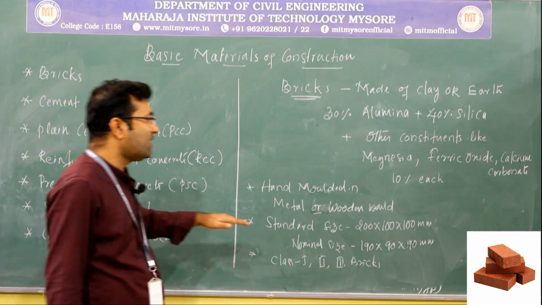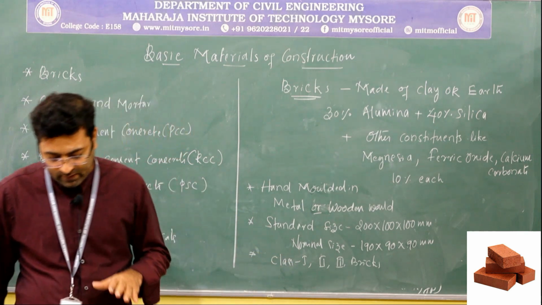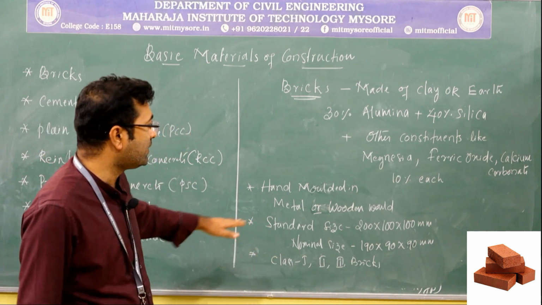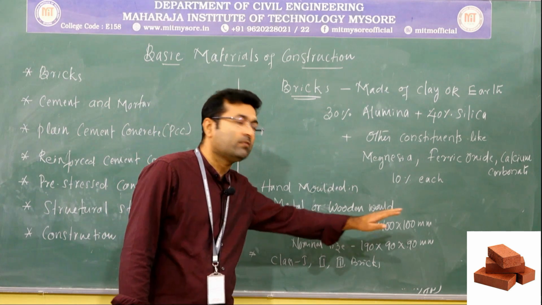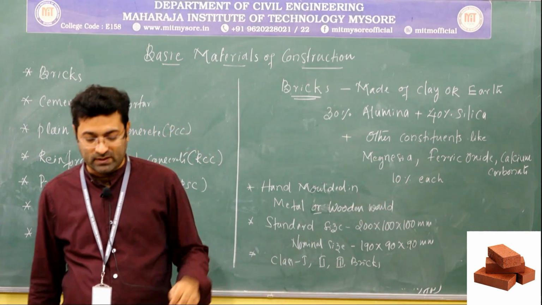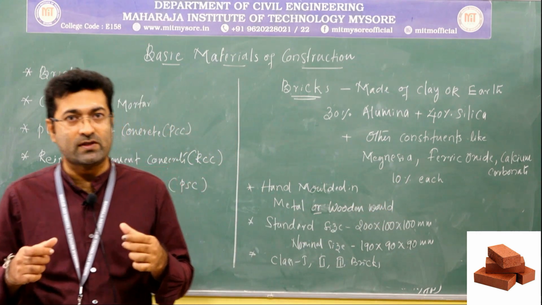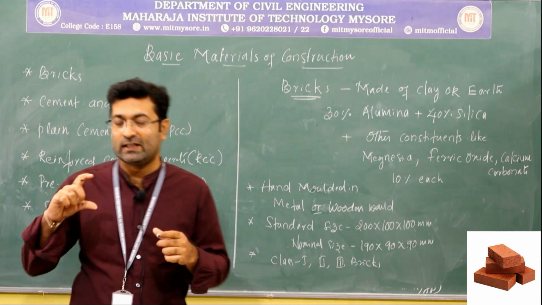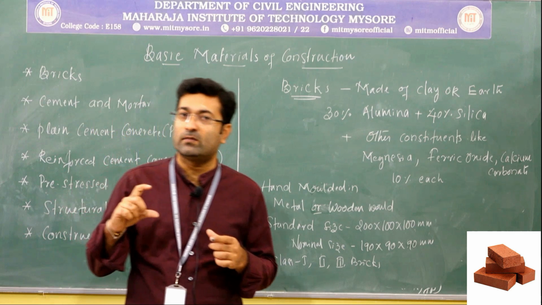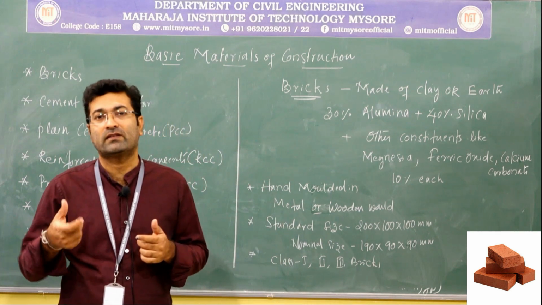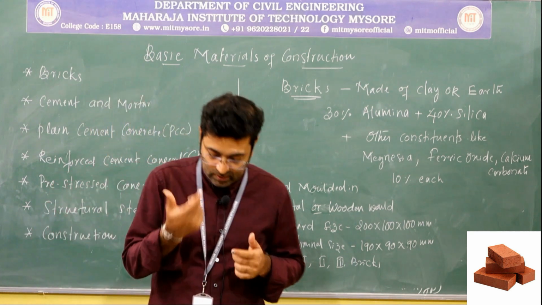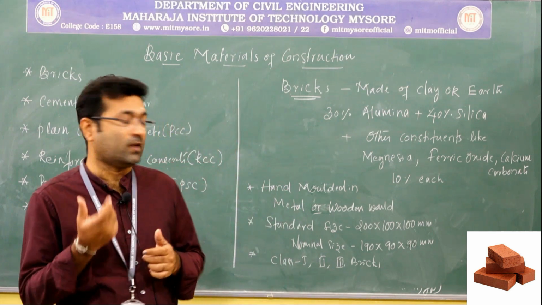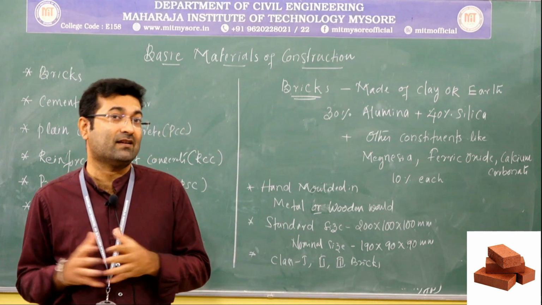The standard size usually available in the market is 200 millimeter by 100 millimeter by 100 millimeter. That is, the length of the bricks available in the market is roughly around 200 millimeter, the depth about 100 millimeter, and the width also about 100 millimeter. This is a standard size.